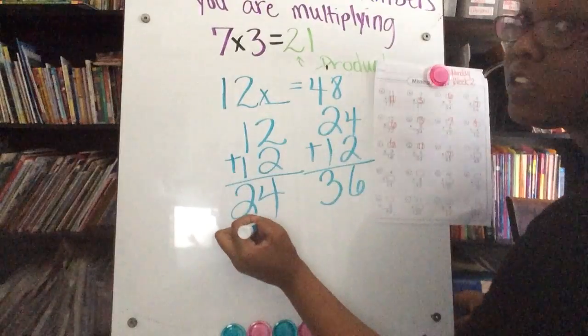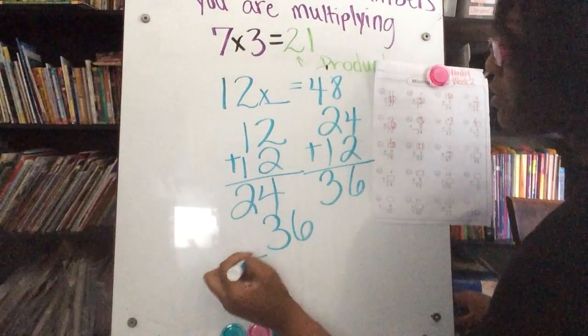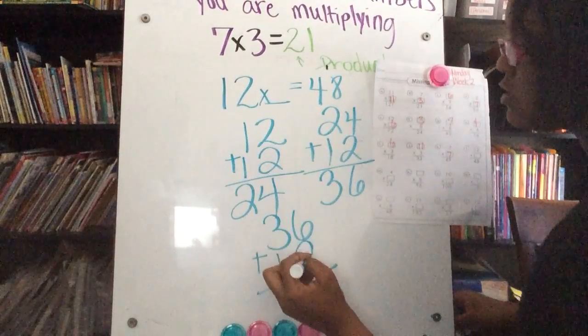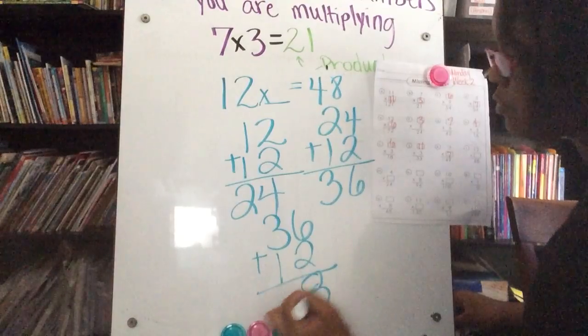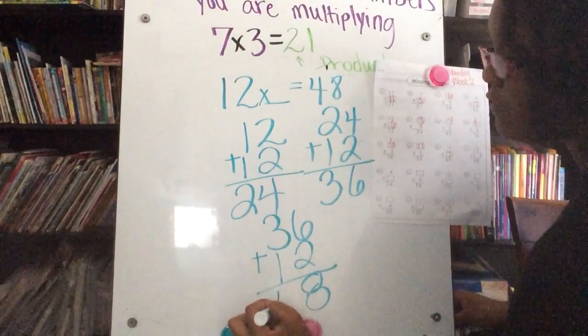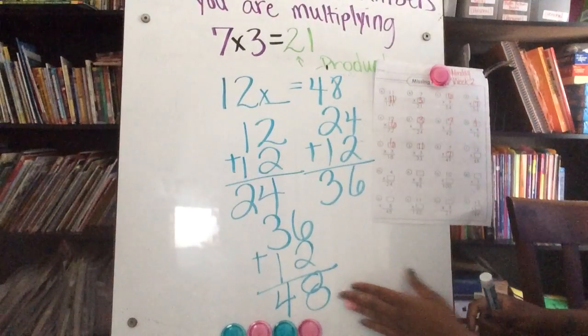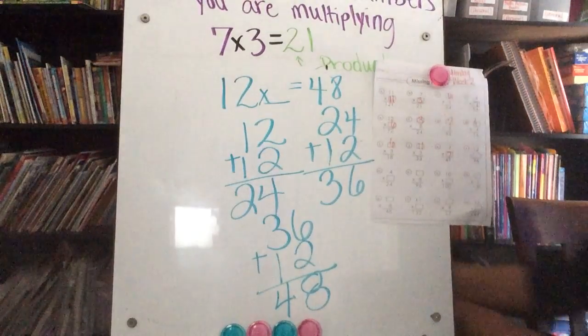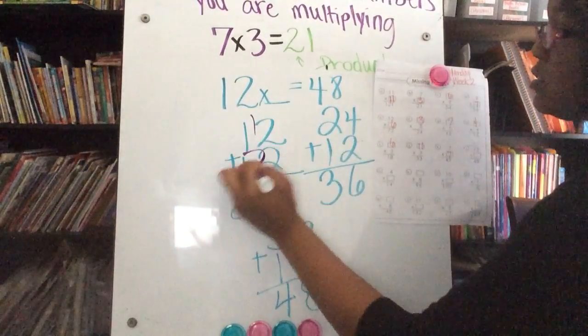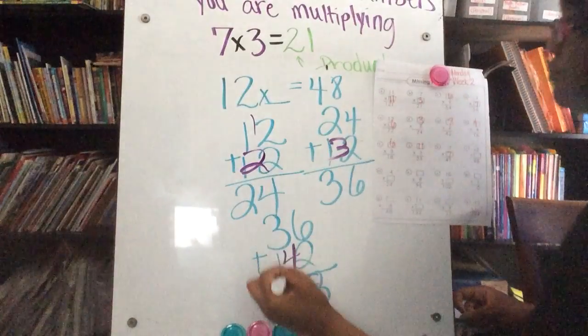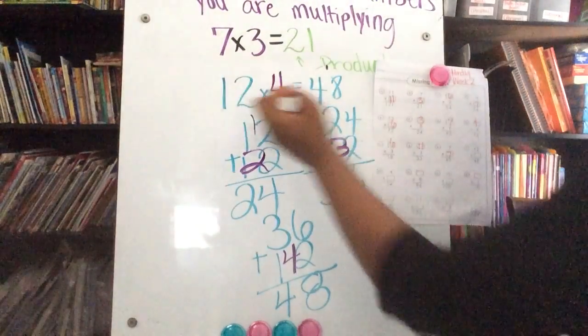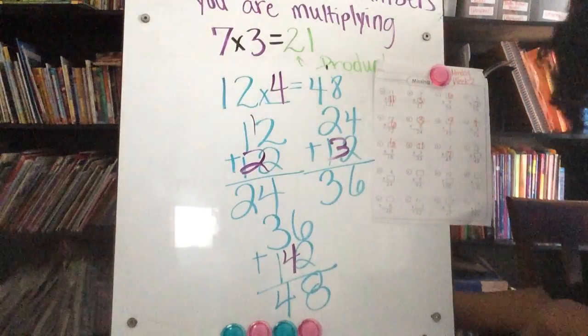I'm not there yet. 36 plus 12, 6 plus 2 is 8, and 3 plus 1 is 4. So that gives me 48. I count how many 12s I used. 1, 2, 3, 4. So 12 multiplied by 4 equals 48.